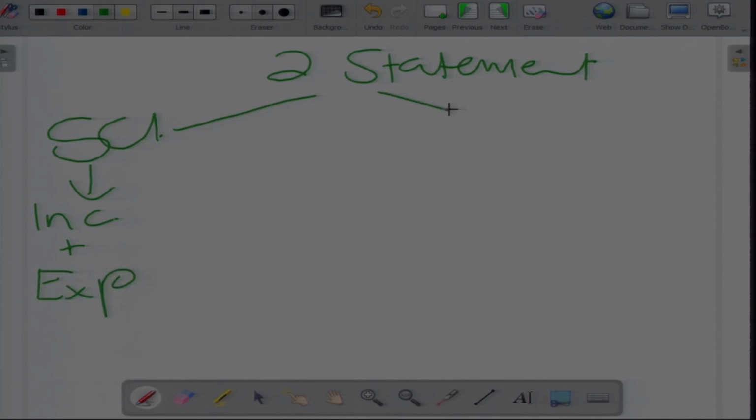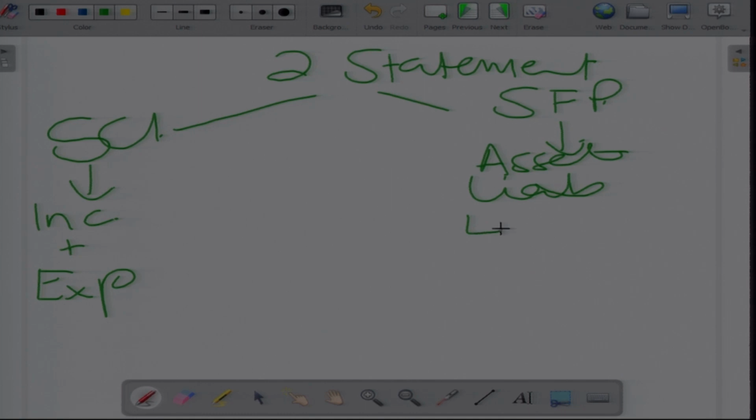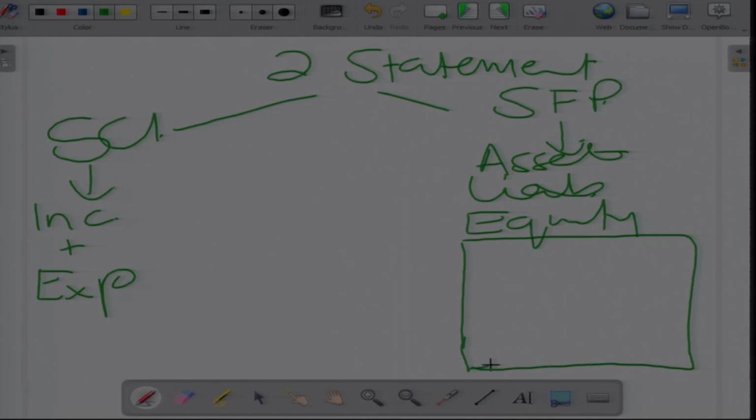And you have to do a statement of financial position which includes assets, liabilities, and equity. And you need to remember, under the equity portion, you need to do the equity calculation, that is the opening balance capital plus your additional capital contribution plus or minus profit or loss.